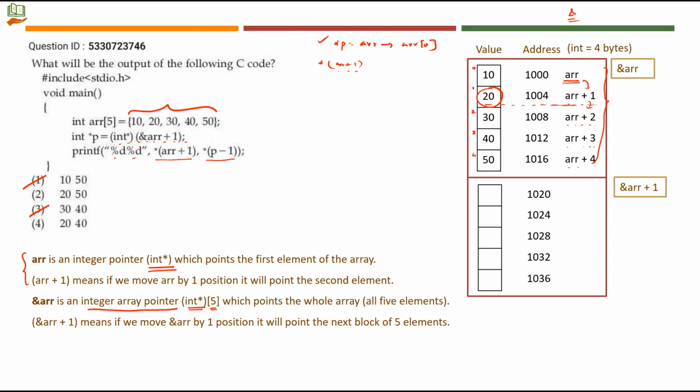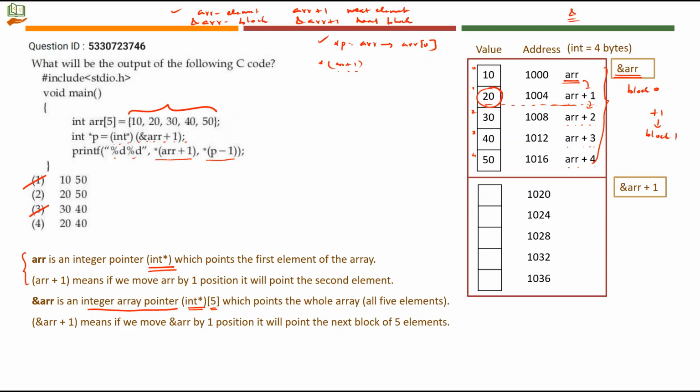When this is with reference to a particular block, plus 1 will actually move block to block. If this is block 0, plus 1 will be moving to block 1. If ARR is for a particular element, ARR plus 1 will move to the next element. Similarly, if ampersand ARR is for a particular block, ampersand ARR plus 1 will move to the next block.